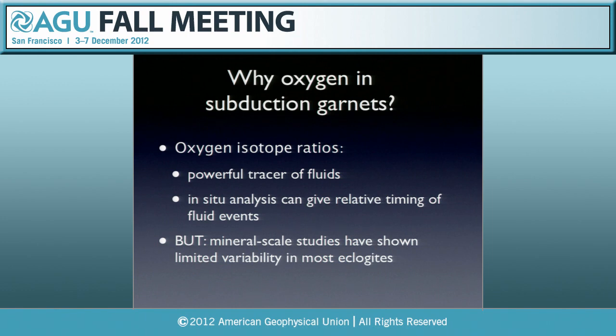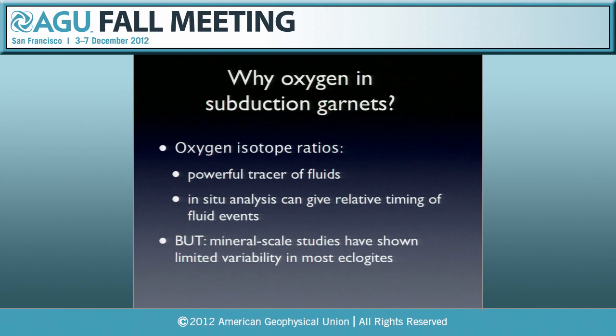I'm sure I might be preaching to the choir on these two, so I'll move pretty quickly. But why oxygen isotopes? Well, as is well known, oxygen isotope ratios are powerful tracers of fluid flow, fluid fluxes, even in some cases the sources of the fluids. And in particular, in situ analysis of oxygen isotopes can help add a relative timing component to metasomatic events that might be recorded by the oxygen isotopes.